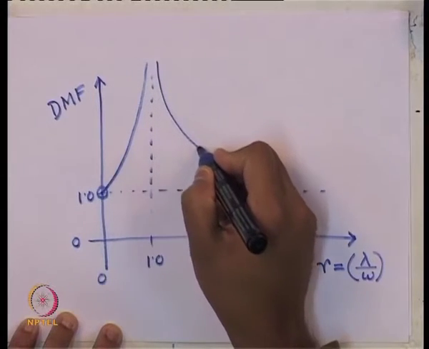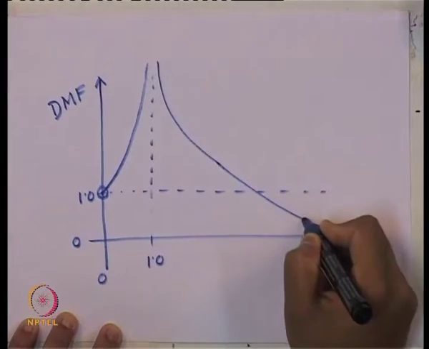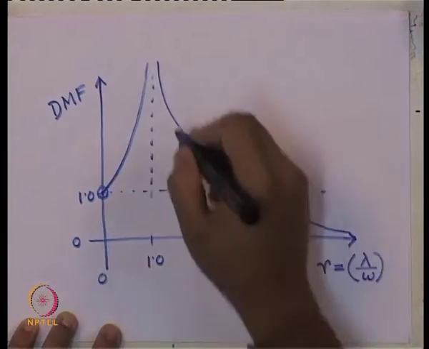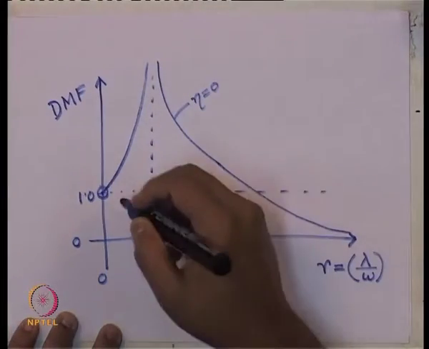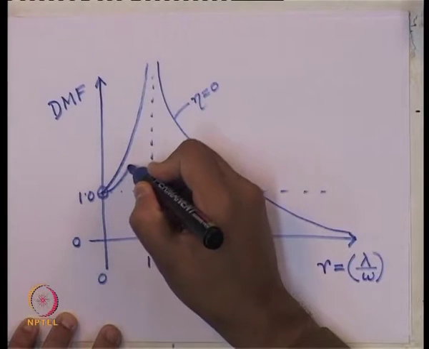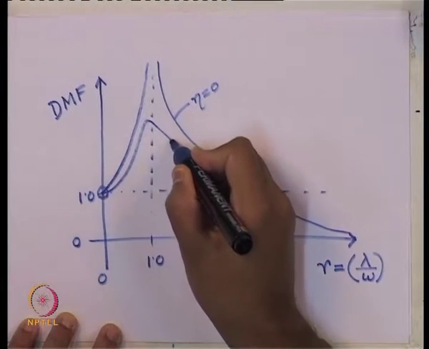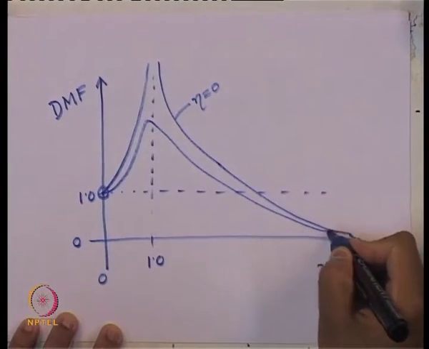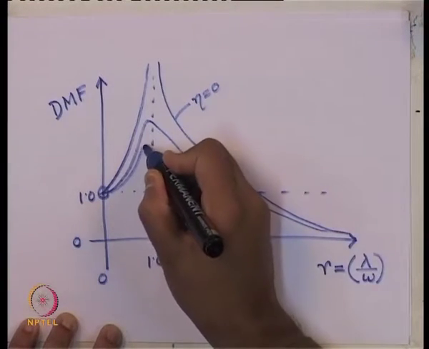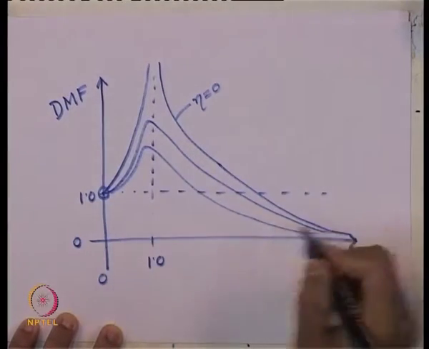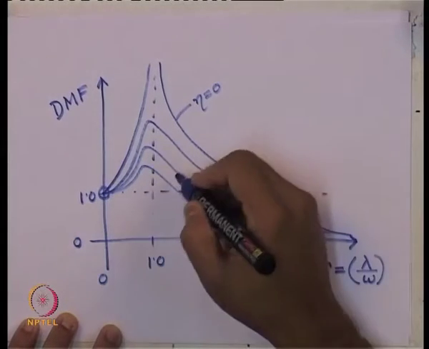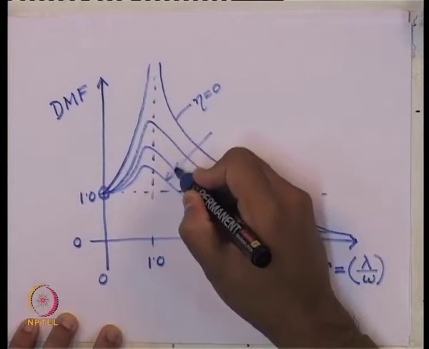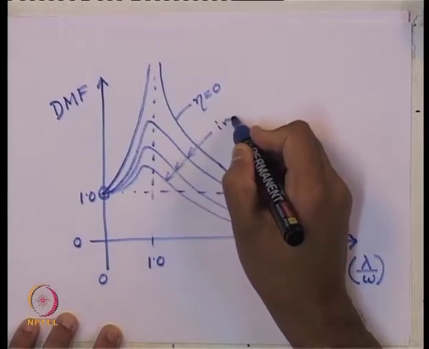Here also it comes from infinity and goes to 0 for the undamped case, eta equals 0, but for damped conditions the variations are like this, with increasing eta.